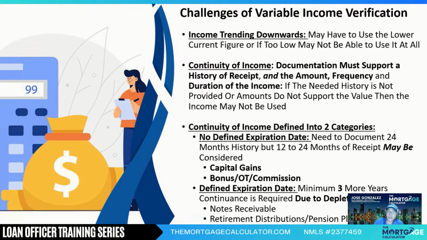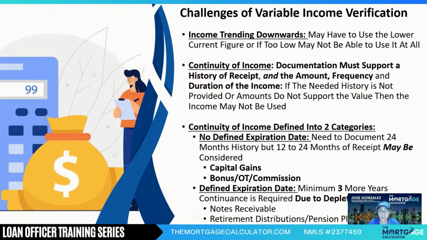And usually that's going to depend on a written VOE of the employer, marking the box, is this income expected to continue, when they're talking about overtime, bonuses, stuff like that. The employer can write yes or no, and the employer can actually elaborate.